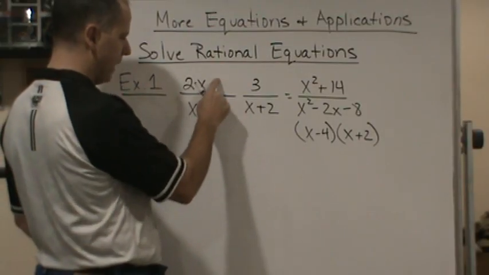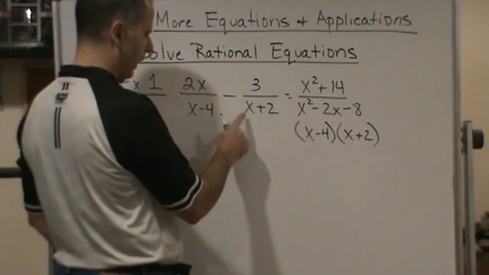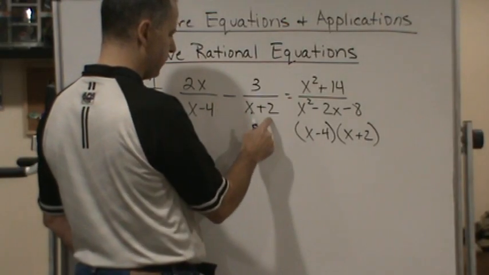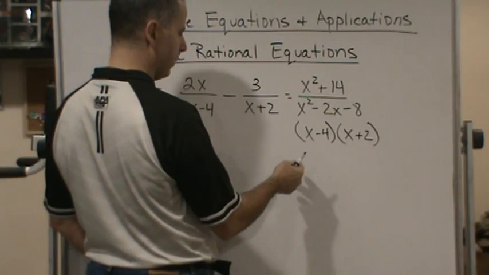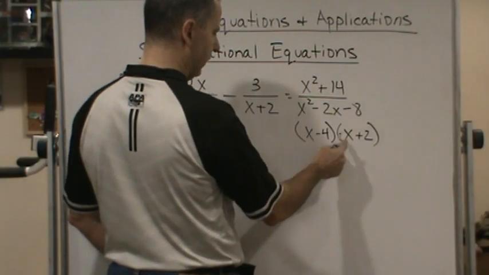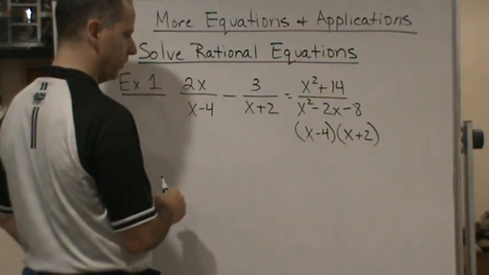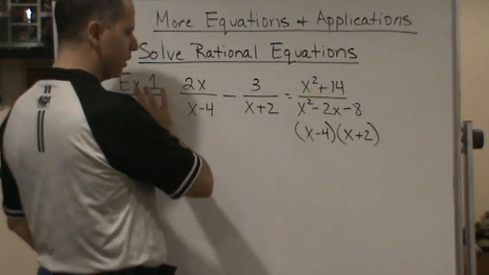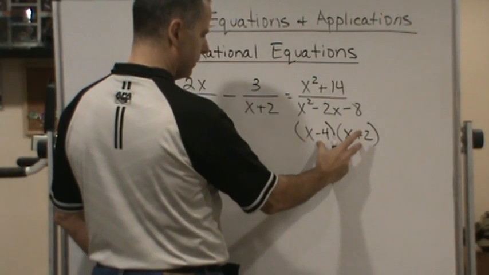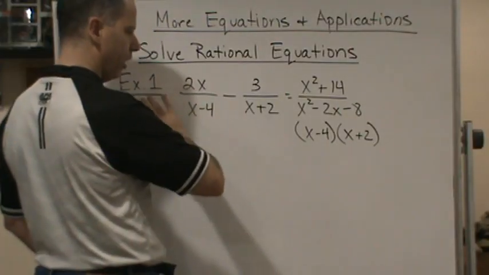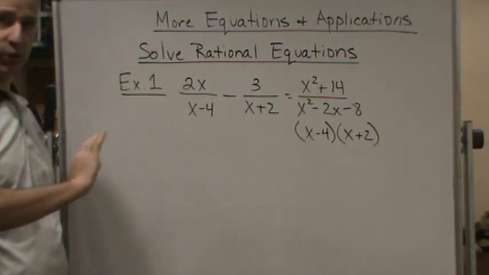So if we multiply the top and the bottom by x plus 2, and multiply the top and bottom by x minus 4, we'll get a common denominator. So the lowest common denominator is x minus 4 times x plus 2. If we multiply everything by this, all of the denominators should cancel.